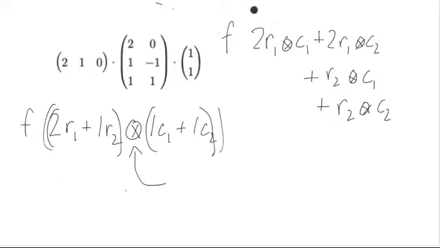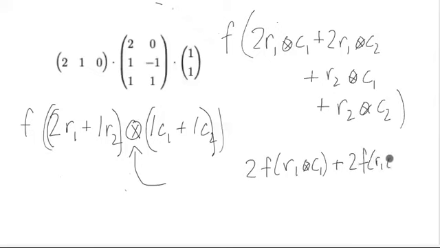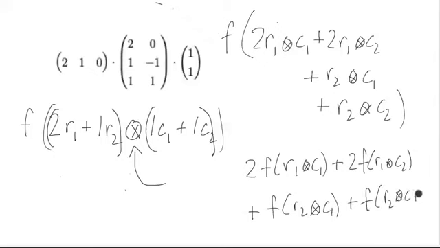So we have a linear function with all this coming in. Now what can come out? See, this 2 can come out of this. So the linear function splits across the addition, and scalars come out. So we can think 2f of R1 tensor C1 plus 2f of R1 tensor C2 plus f of R2 tensor C1 plus f of R2 tensor C2.